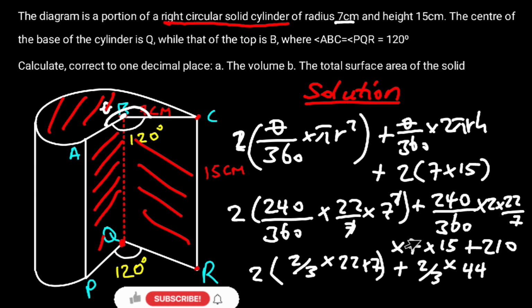Now this 7 and this 7 cancel, we'll be left with 44 times 15, then plus 210.